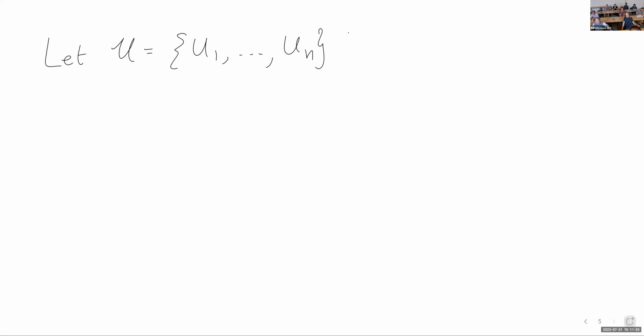Let U1, ..., Un be a finite open cover of X such that every element of my finite set varies very little over each element of the cover.